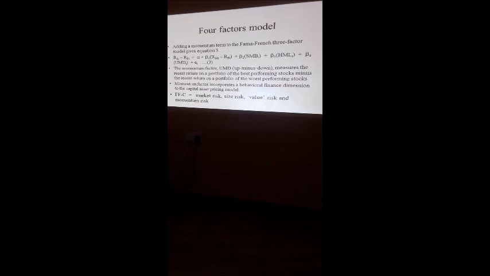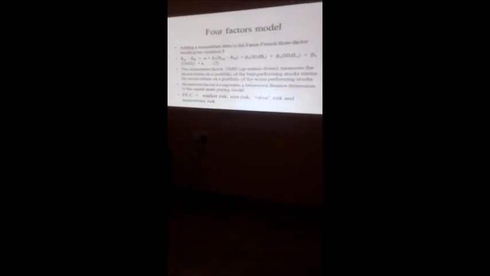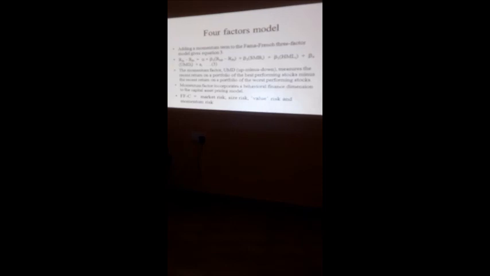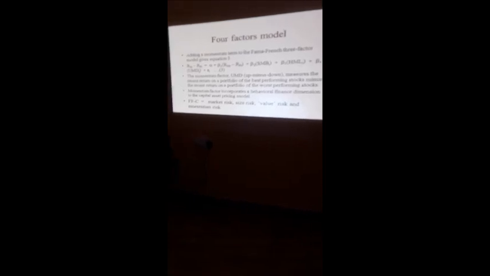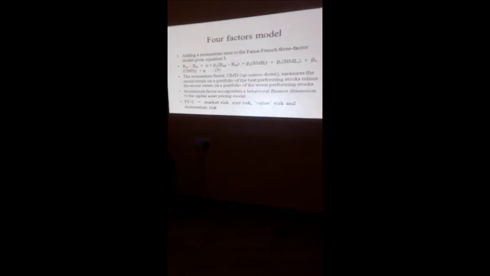After adding the new factor, we have equation number 3, which says the excess return on an individual share, which is the return on the individual share at time t minus the risk-free return, is equal to alpha plus beta 1 multiplied by the excess return on the market, which is the return on the market at time t minus the risk-free return at time t, plus beta 2 multiplied by the SMB factor, plus beta 3 multiplied by the HML factor, plus beta 4 multiplied by the UMD factor, plus the error term.